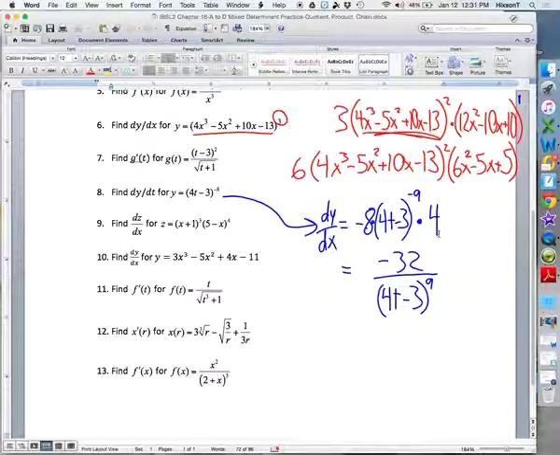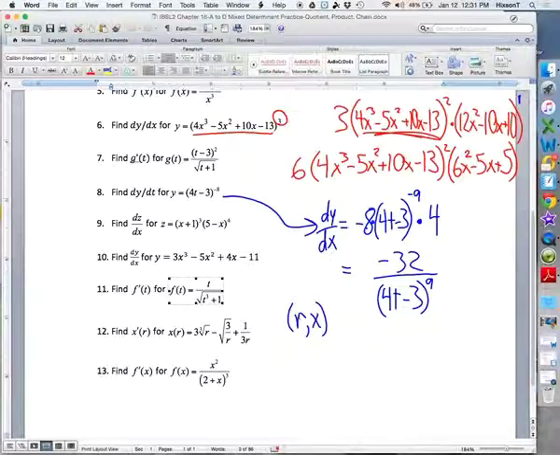X is like the f, and r is like the x. R is our independent variable. In this case, x is the dependent variable. And that's okay. All of our points, if we were to graph this, would be the points r, x. And I know we're not used to dealing with that, but that's okay.